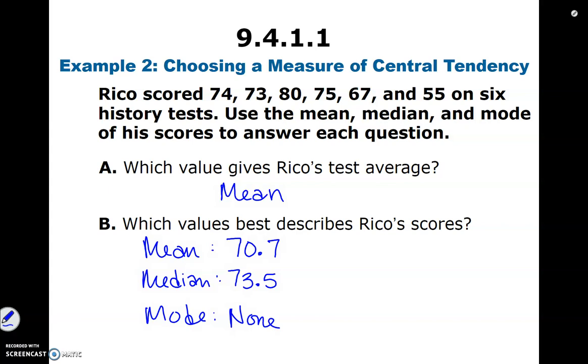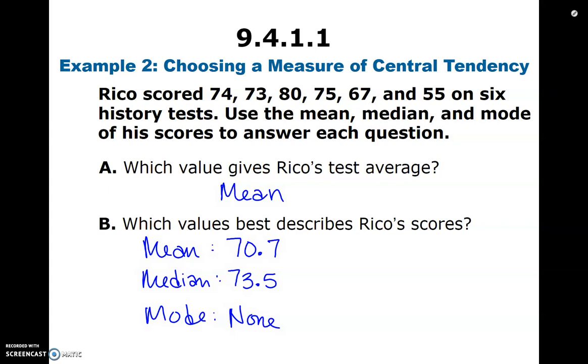Well, just looking at the mean and median, I see that most of his scores are above 70. Right, we just have 67, which is pretty close to 70, but then we've got this 55 way down here. But a majority of them are 73 and above. And our mean is 70.7.